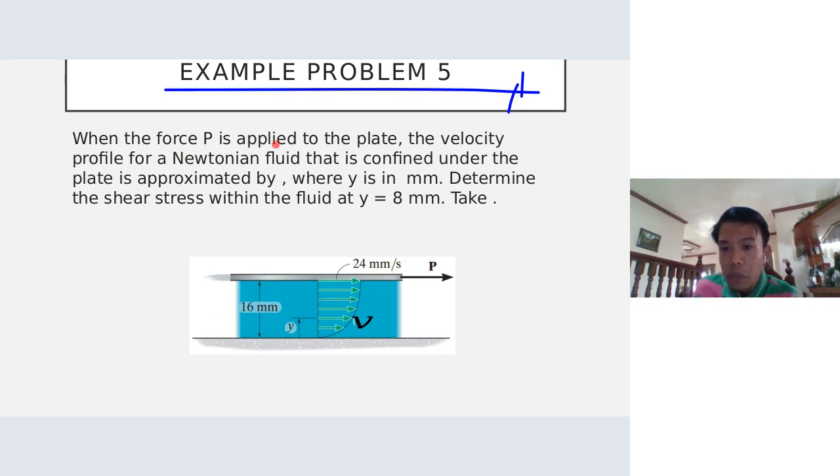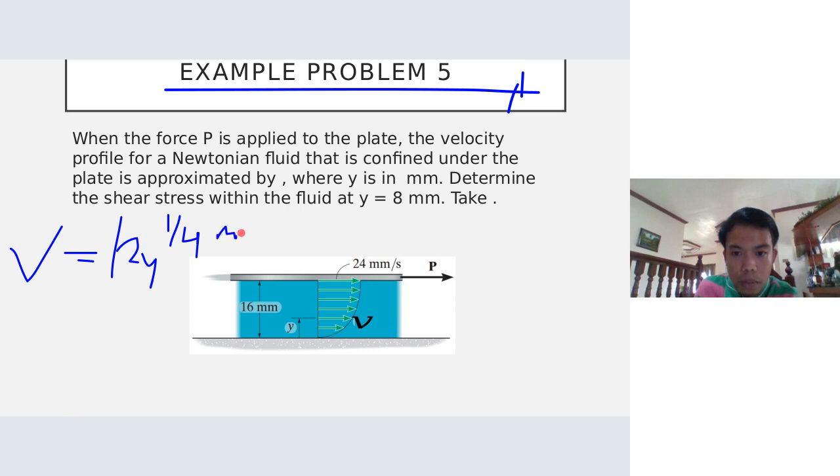When the force P is applied to the plate, the velocity profile for a Newtonian fluid that is confined under the plate is approximately, okay, the velocity is equal to 12y raised to 1/4 millimeter per second, where y is in millimeter.